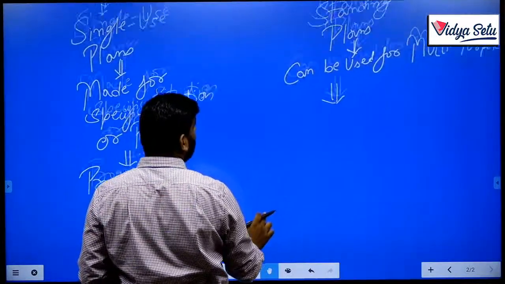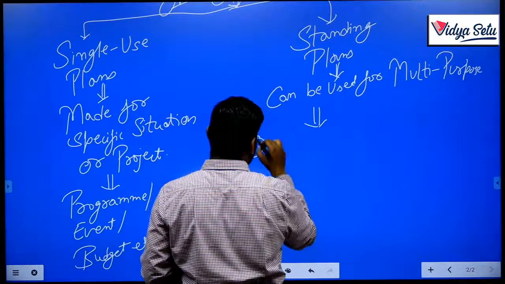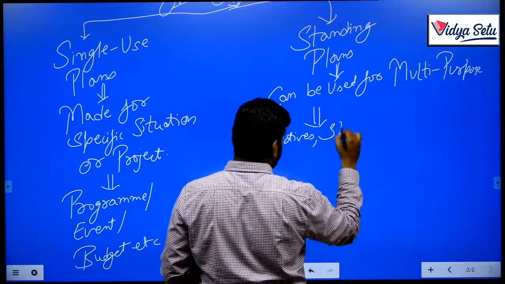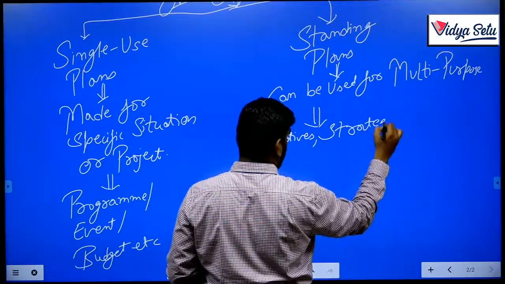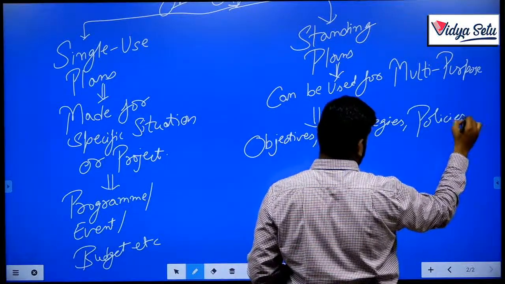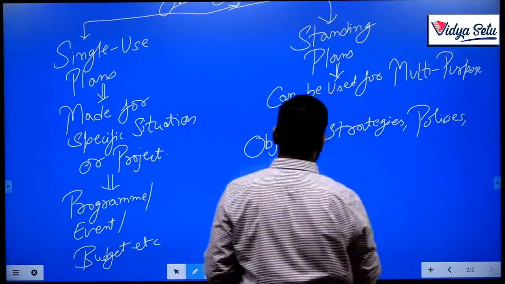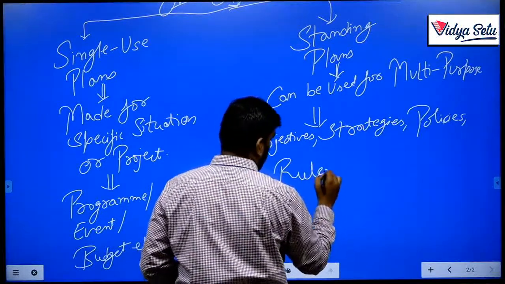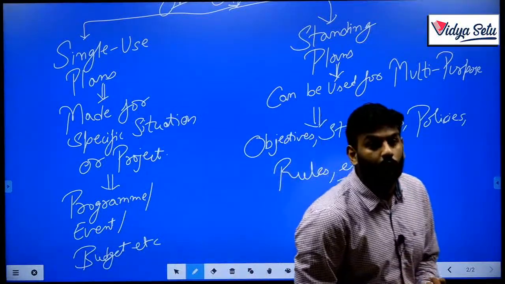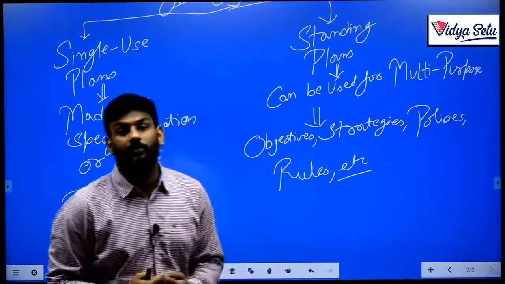Standing plans are examples like objectives, strategies, policies, rules, etc. Any kind of strategies or policies or rules framed by you which can be used for multiple purposes is known as a standing plan.